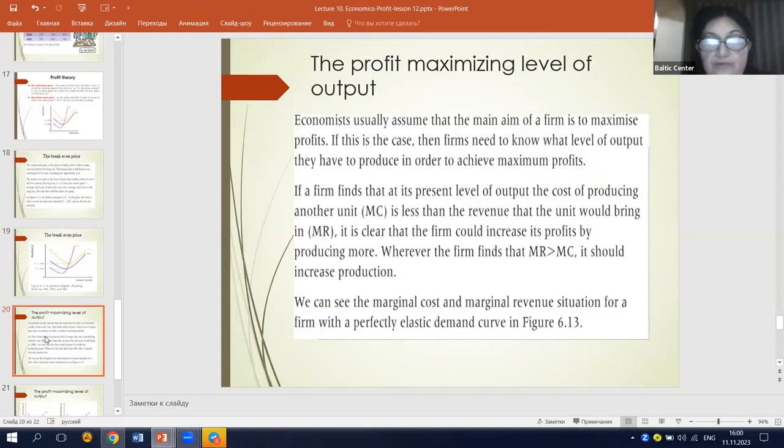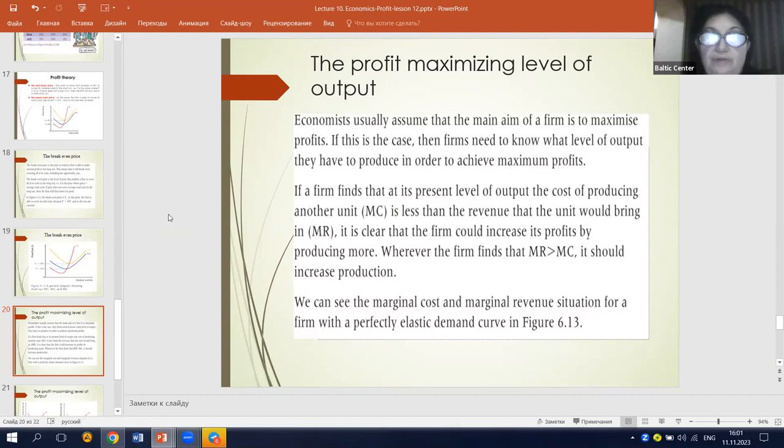So the profit maximizing level of the output. The economists usually assume that the main goal of the company is to maximize profit. So, in this case, the company needs to know what level of output they have to produce in order to achieve maximum profit.